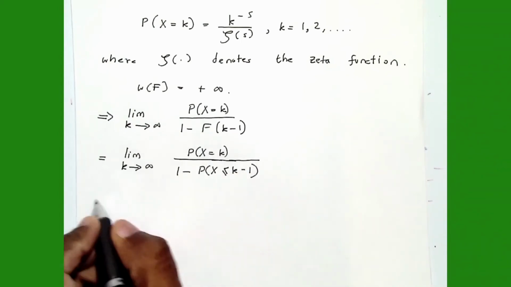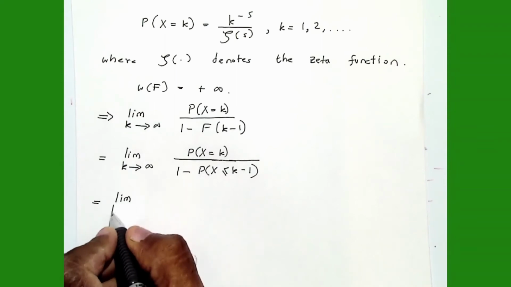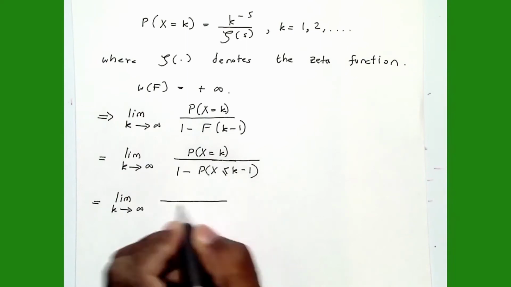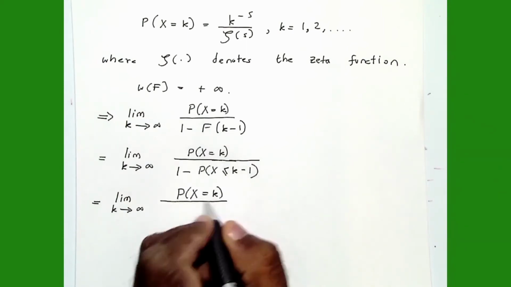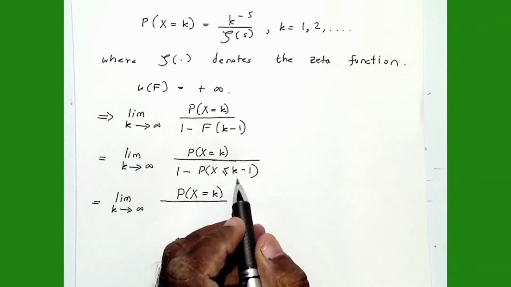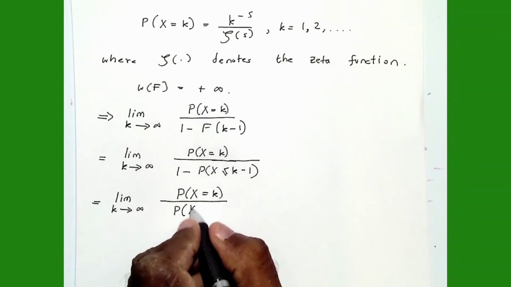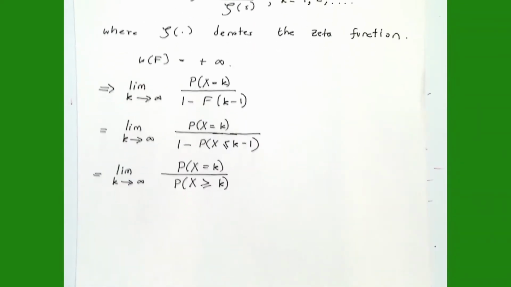Now 1 minus this is the probability that x must be greater than or equal to k.